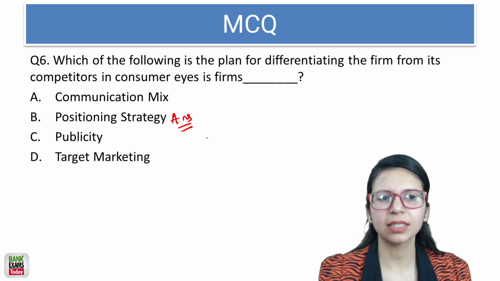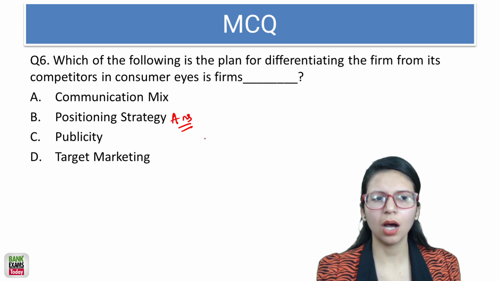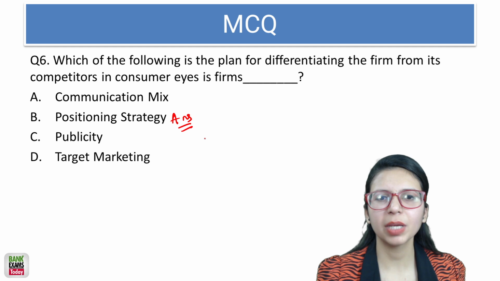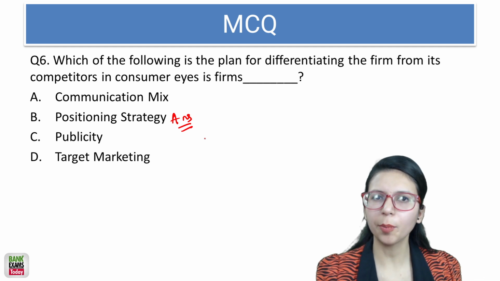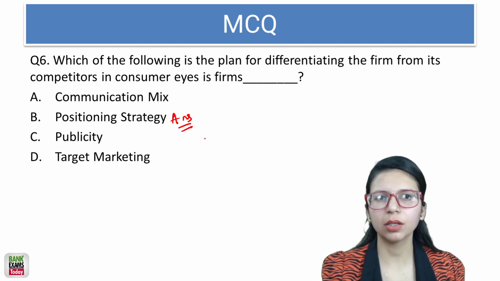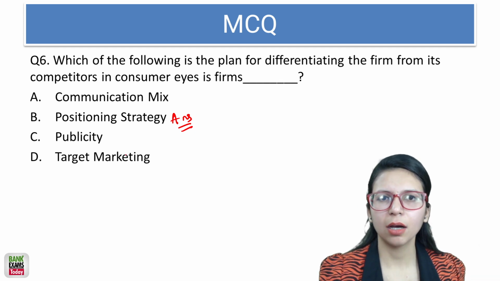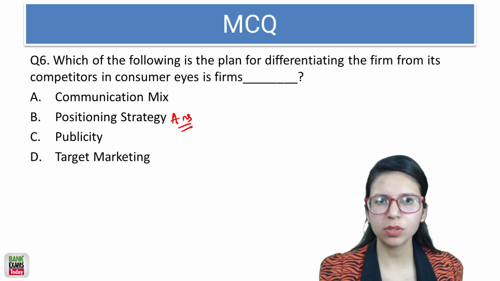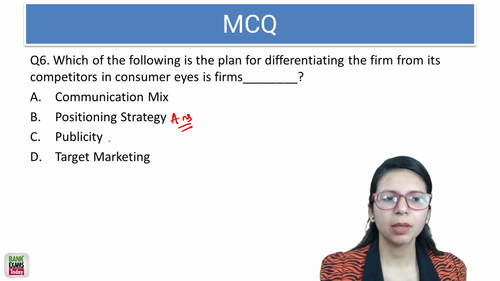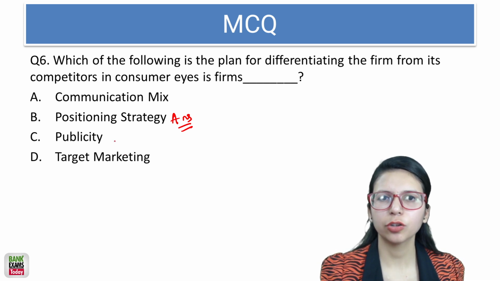That is your answer. Communication mix will only help to communicate with the customer, telling the consumers what you are producing or what you have to serve to them. Then publicity, you will just publicize your product.